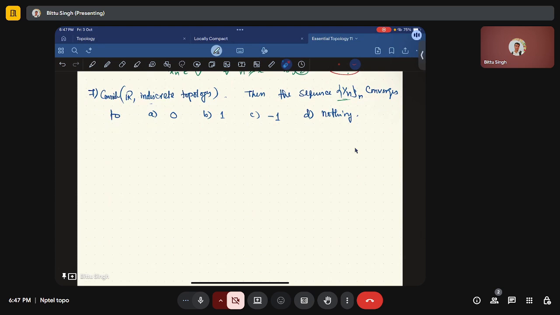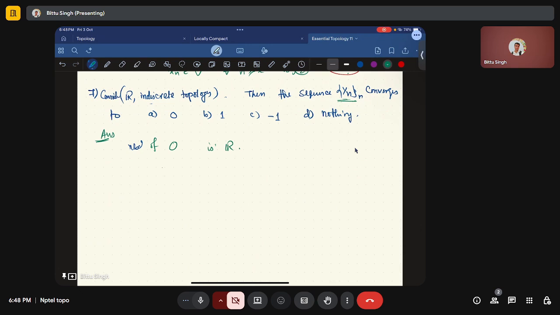So, in this case, note what is the neighborhood of 0? There is only one possibility, because empty cannot be a neighborhood of a point. So it is R. R is the only neighborhood, and R contains all those 1 by n, not only a tail of this sequence, it contains everything.